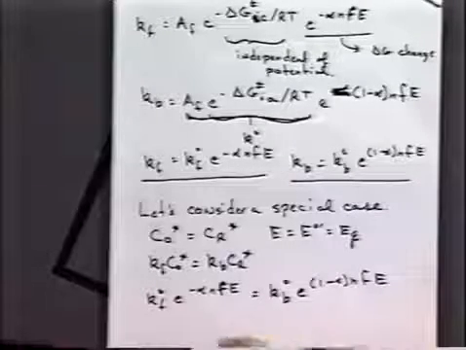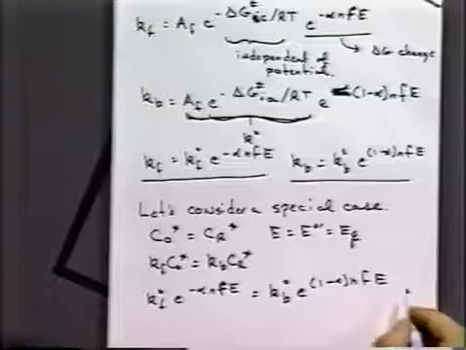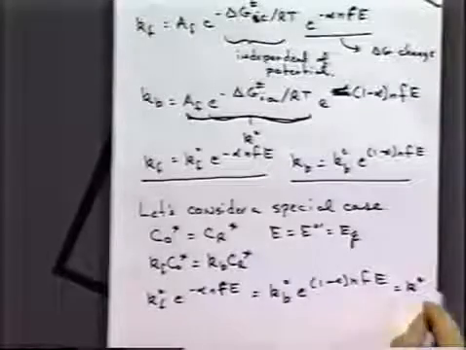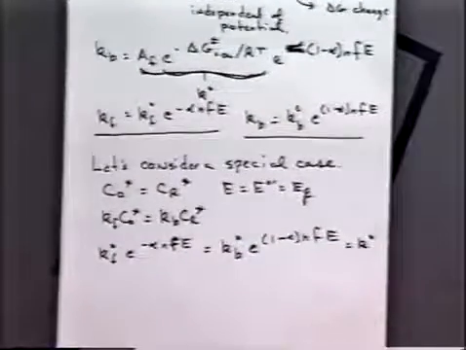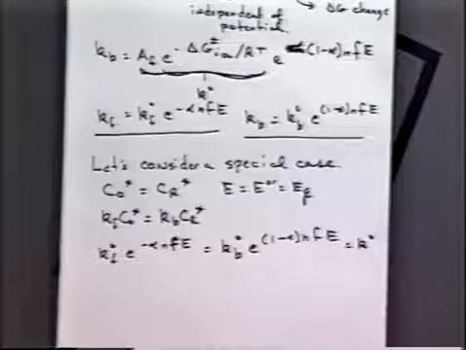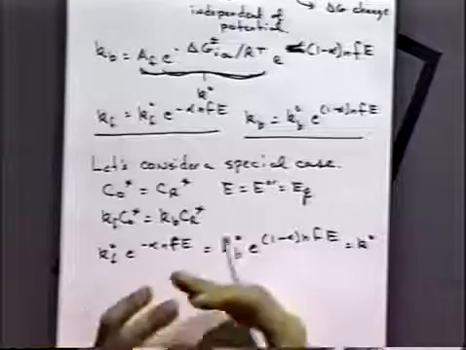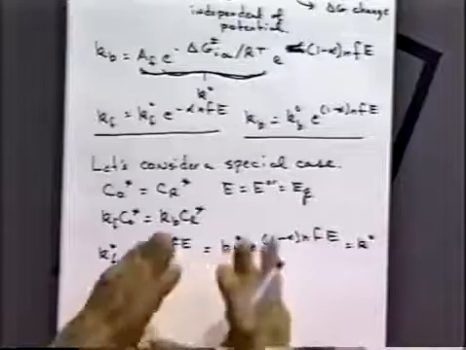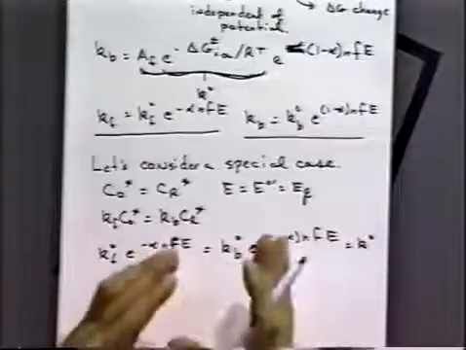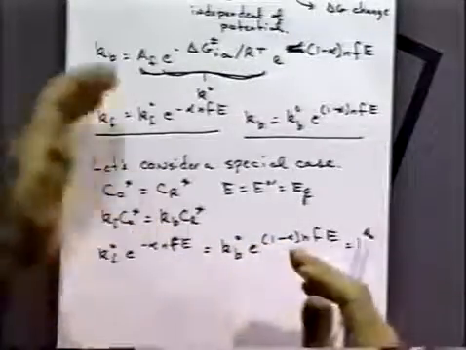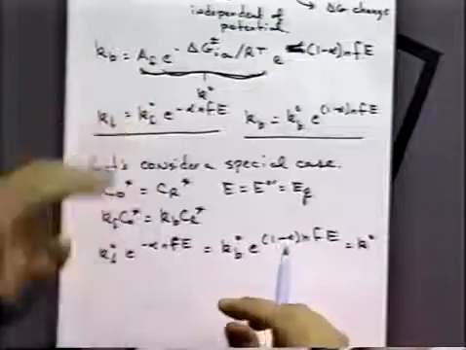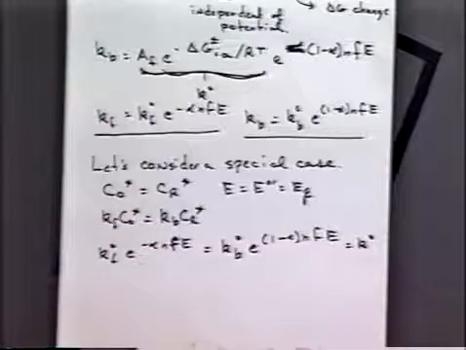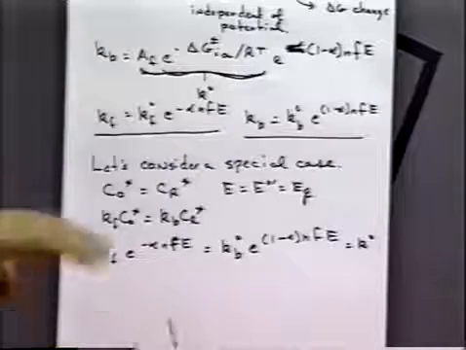And what we find out is that those two being equal is also equal to a term we'll call K0. K0 is that potential-independent rate when we're at the standard potential. K0 sub f is for the forward rate and K0 sub b is for the reverse rate of the activation energies.